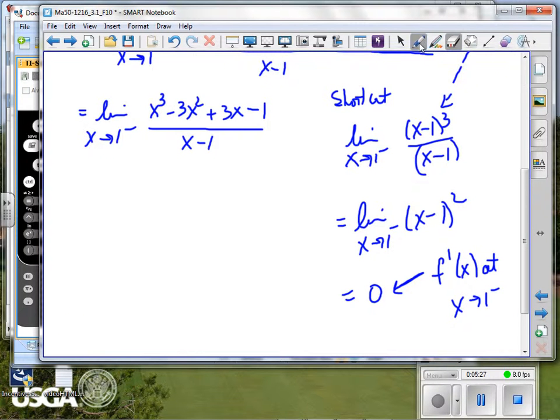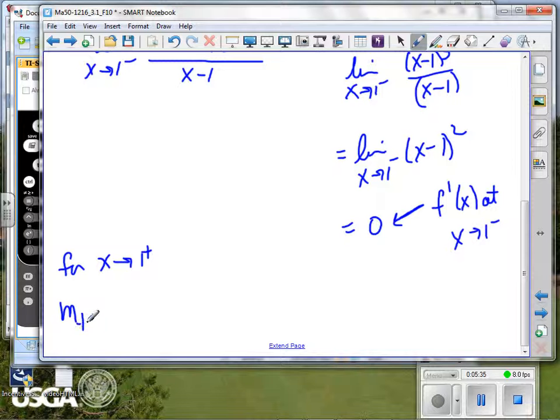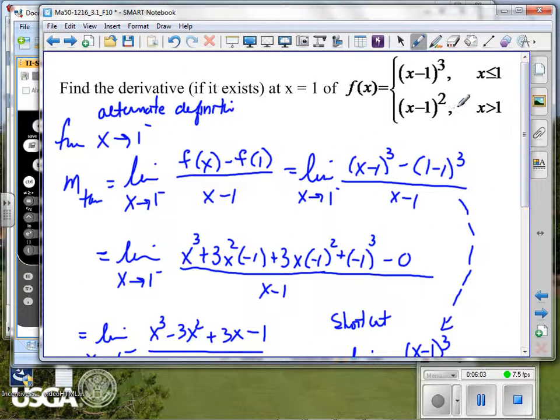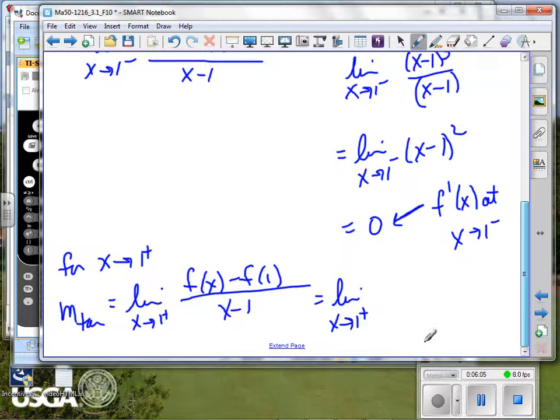I've got to do the same thing here. I'm going to set it up the very same way. f of x minus f of 1 divided by x minus 1. When I do this part, what am I going to use for f of x? Because I'm approaching it from the greater than 1 side, I've got to use that second piece there.